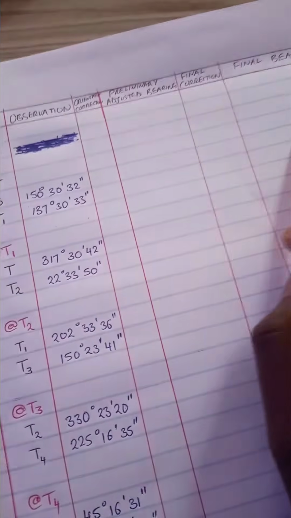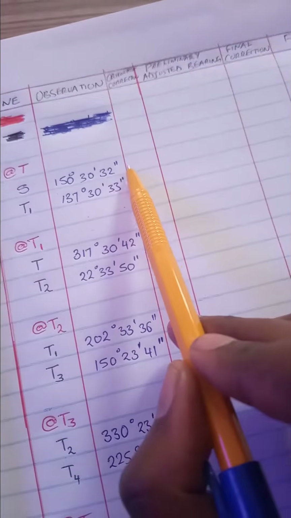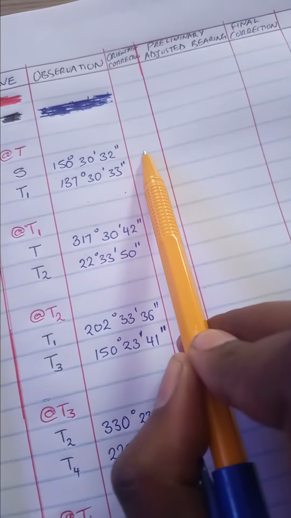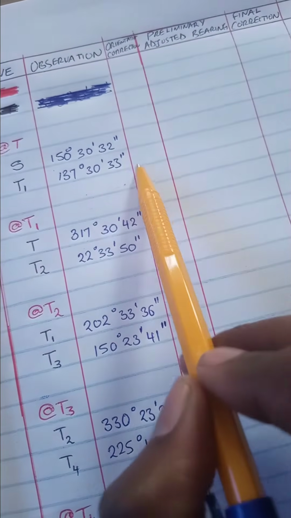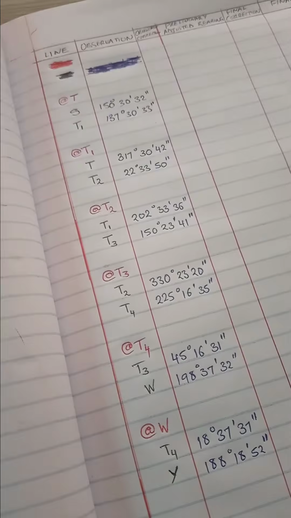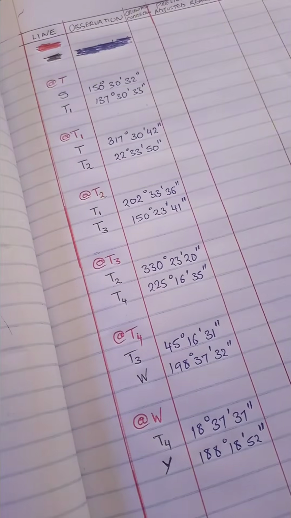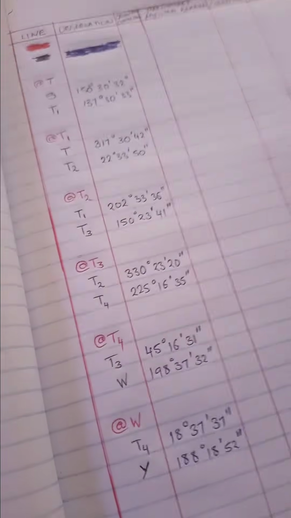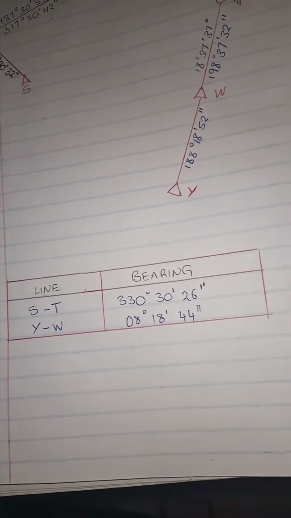This is the value that my orientation correction will start from. These are the values that I will be using in order to get the right answer. So that's where I'm going to start. We're going to use this value.